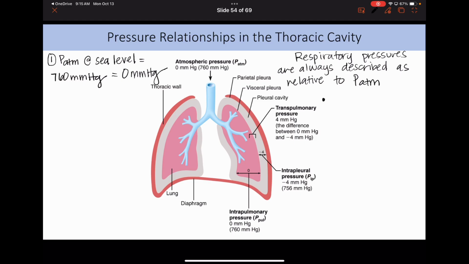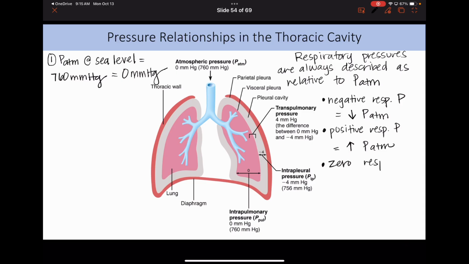So when we say we're at a negative respiratory pressure, we just mean that we're lower than atmospheric pressure. If we say we're at a positive respiratory pressure, that just means that we're above atmospheric pressure, because we're setting that atmospheric pressure to 0. And if we're at 0 respiratory pressure, that just means that our respiratory pressure is equal to atmospheric pressure.